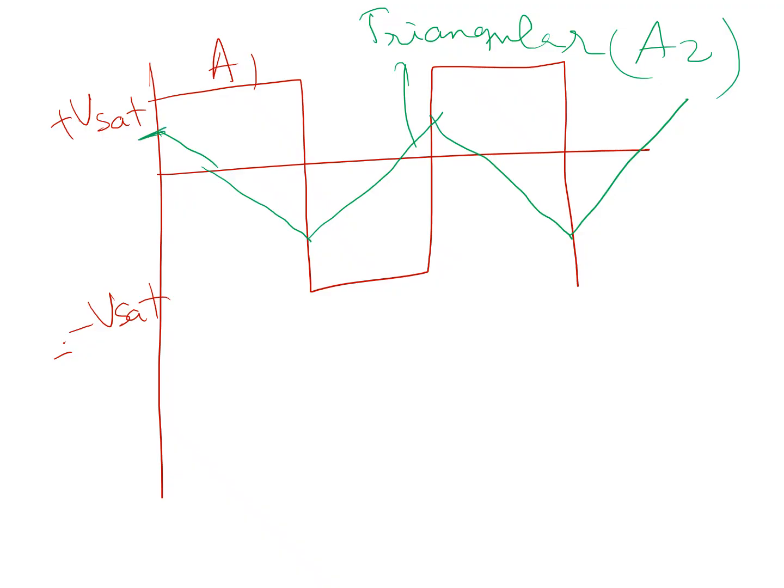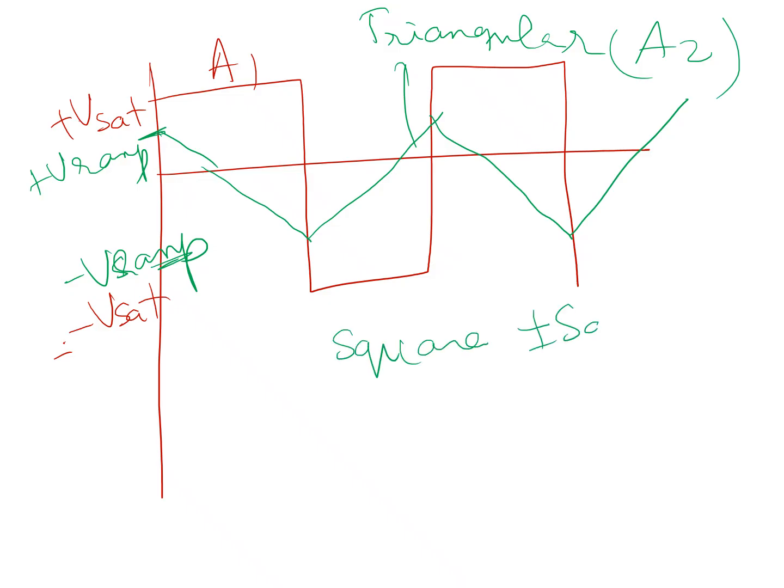And these values will be varying from plus VRAMP to minus VRAMP. So the square waveform oscillates from plus VSAT to minus VSAT. Triangular waveform oscillates from plus or minus VRAMP.